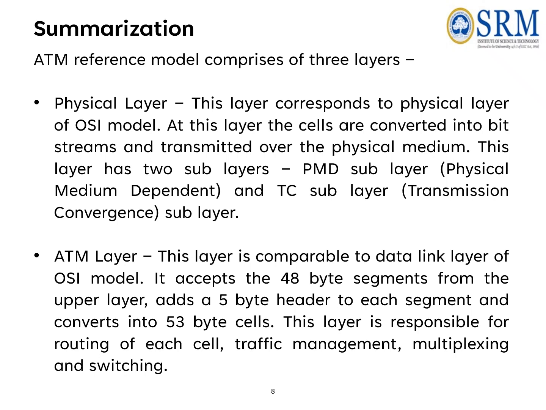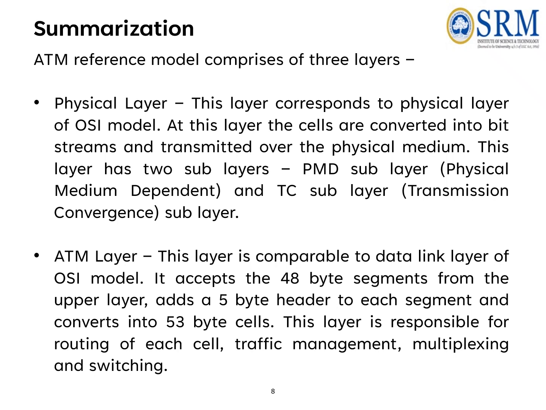The physical layer corresponds to the physical layer of the OSI model. At this layer, the cells are converted into bit streams and transmitted over the physical medium. The physical layer has two sublayers, namely the physical medium dependent sublayer and the transmission convergence sublayer. The next layer is the ATM layer.